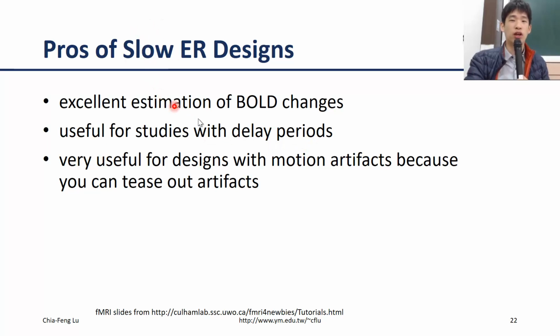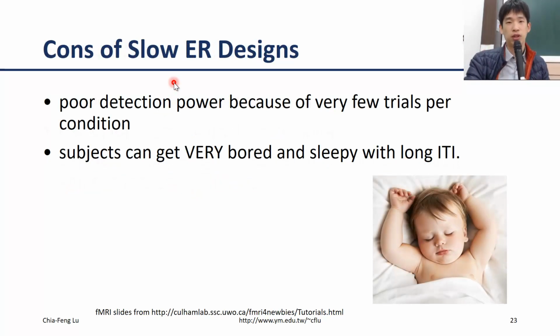This is why we call it slow, because it allows the BOLD signal to have a full recovery. And also, it is very useful when you think that there is a motion artifact, because you have a sufficient time interval to tease out the artifact. So this is another advantage for the slow event-related design.